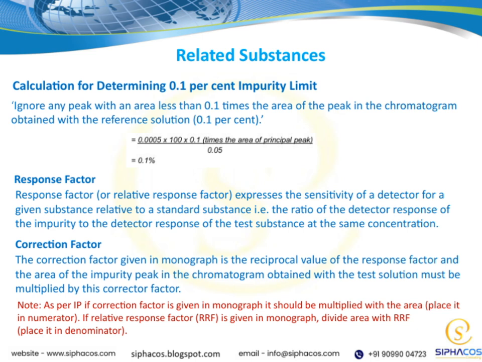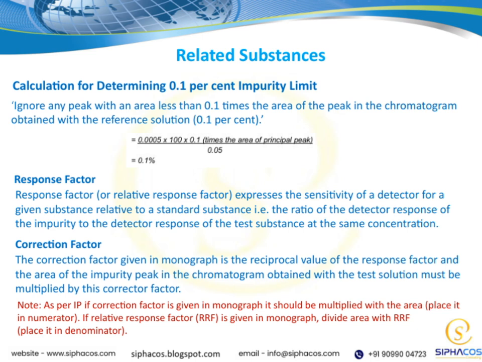Now, moving on to the response factor itself. It tells us how sensitive the detector is to a particular substance compared to a standard. Essentially, it's the ratio of the detector response of the impurity to that of the test substance at the same concentration. This helps us understand how the detector reacts to different substances. A key point here is that we ignore any peaks that have an area less than 0.1 times the area of the peak from the reference solution.